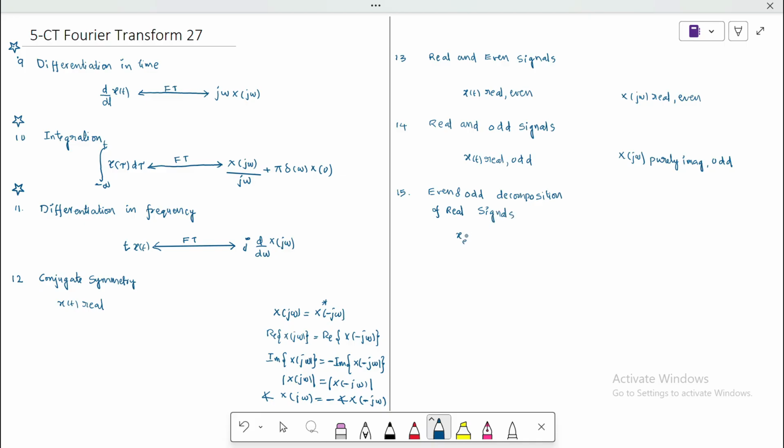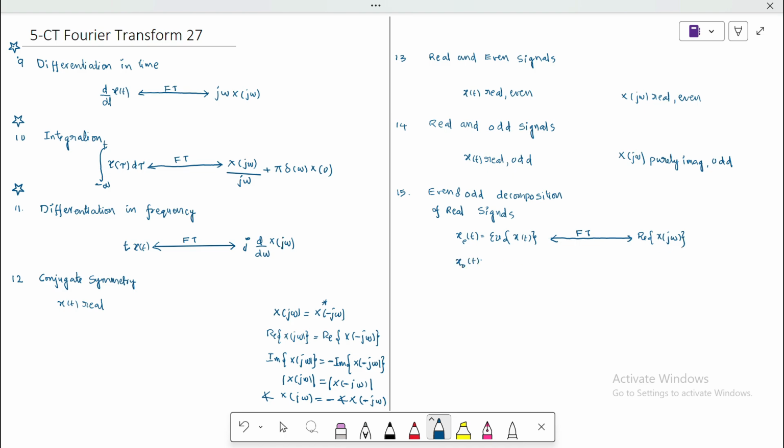So you know that the even part of x of t has a Fourier transform equal to the real part of x of j omega. So in Fourier transform, the even part equals the real part of x of j omega.